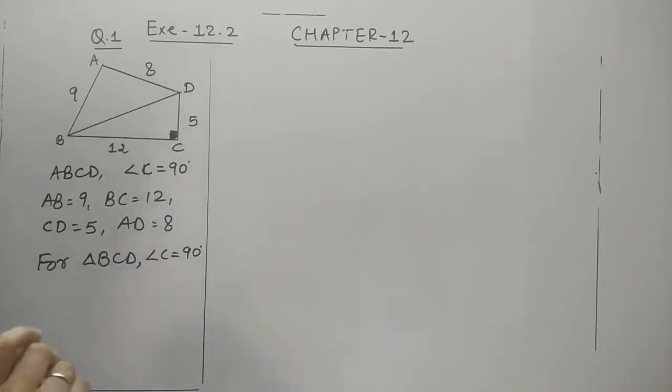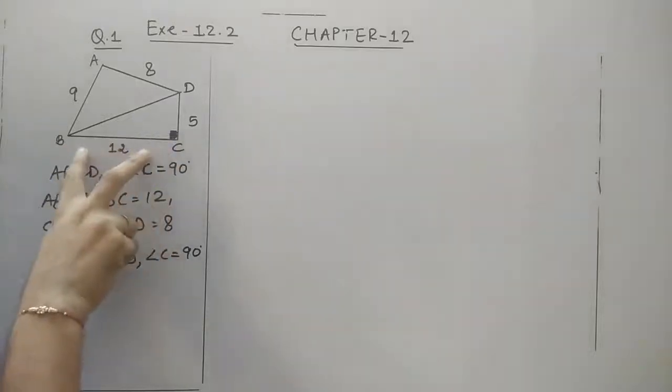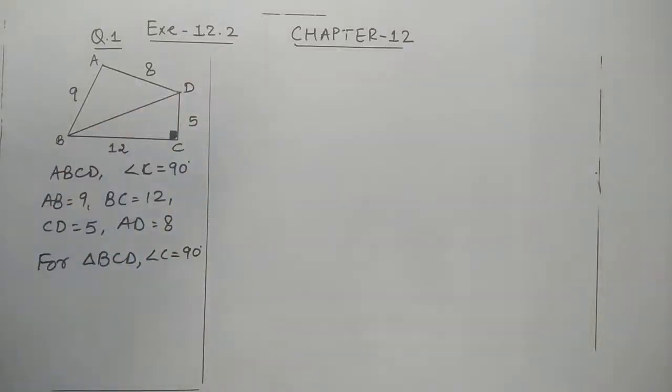The Pythagoras theorem can be used when we have to find the length of a side of any right angle triangle. I remind, Pythagoras theorem right angle triangle के लिए जब कोई side ढूंढना है, at that time only it can be used. So as we can see in triangle BCD, we have BC and CD, so BD can be found.